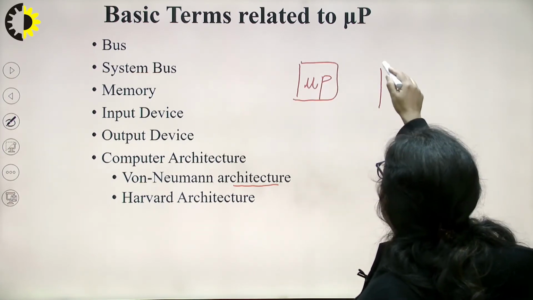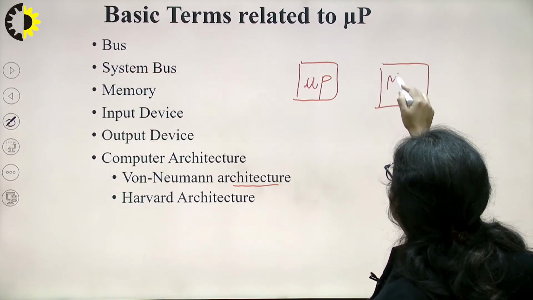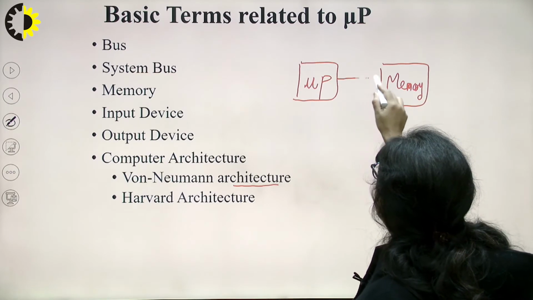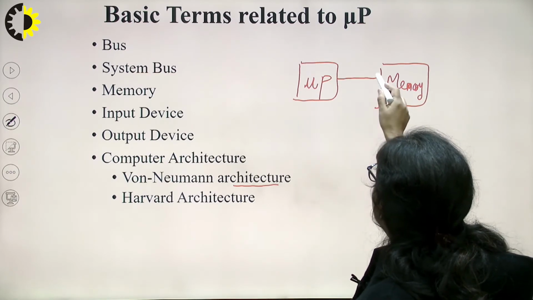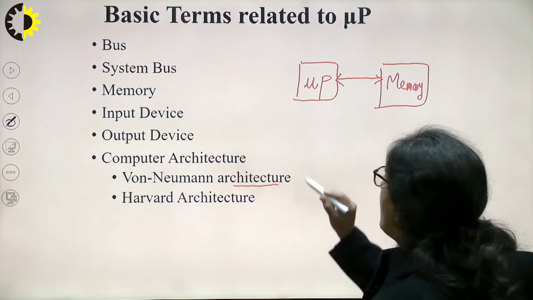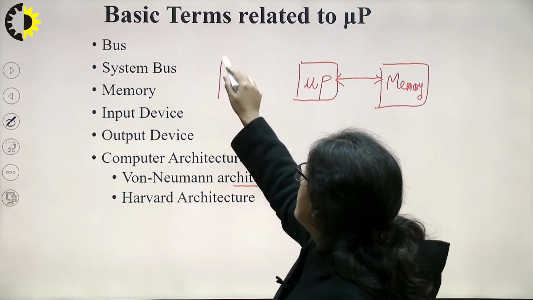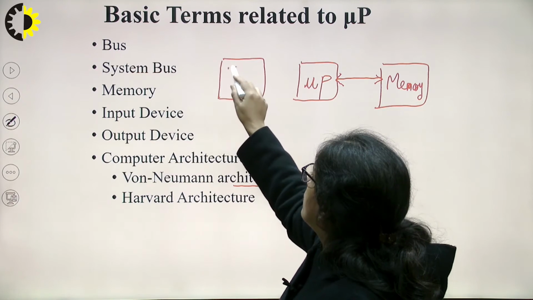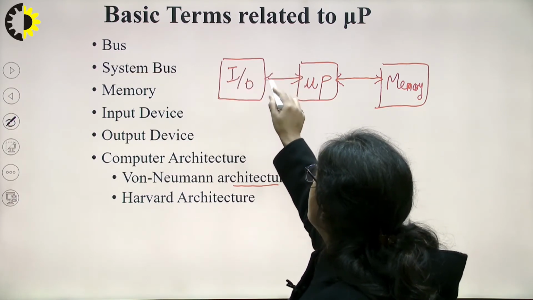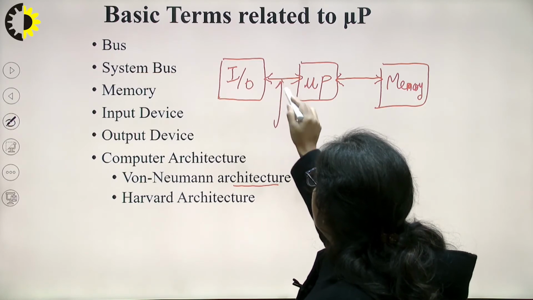We need a memory to communicate. The microprocessor will take data from this memory or give data to this memory, and then the microprocessor needs input output devices, IO devices, for communication. So, these are our system bus.